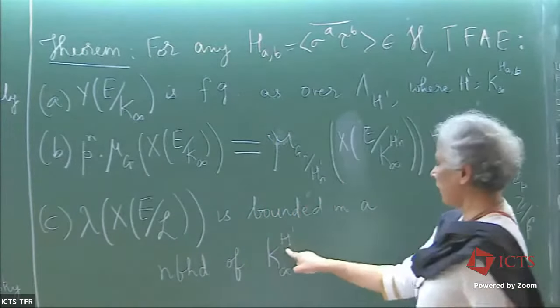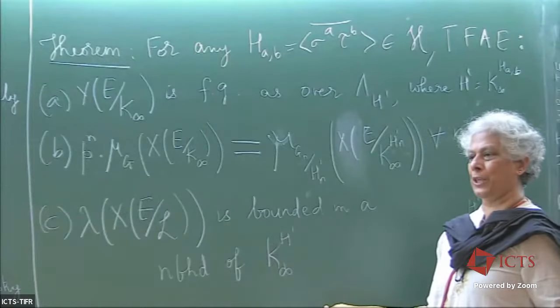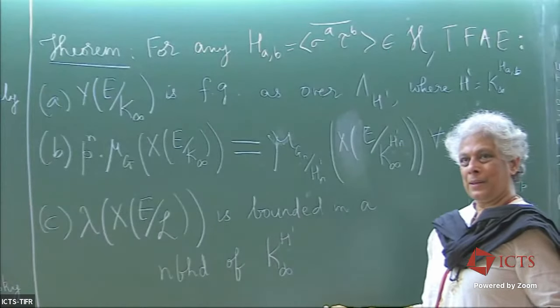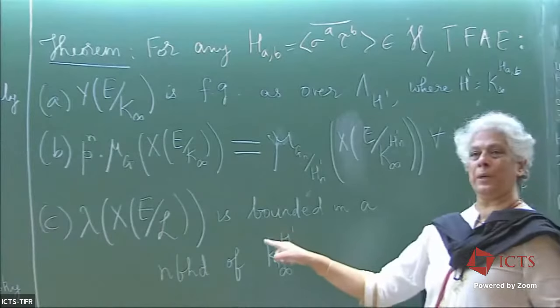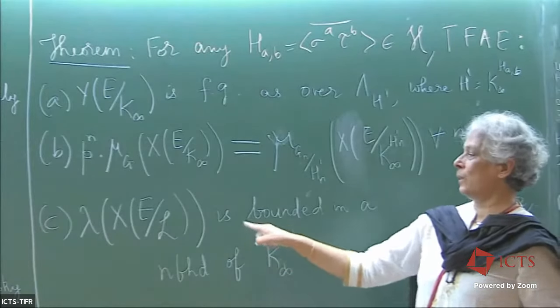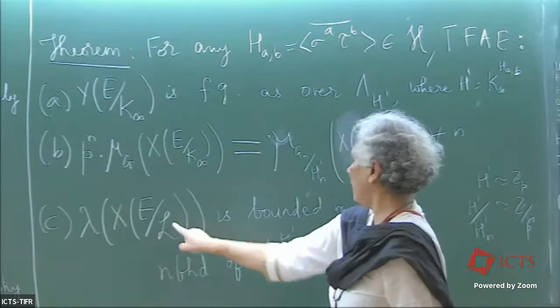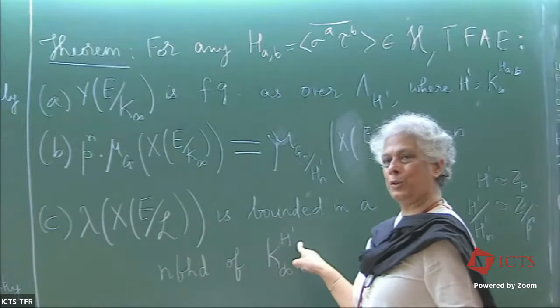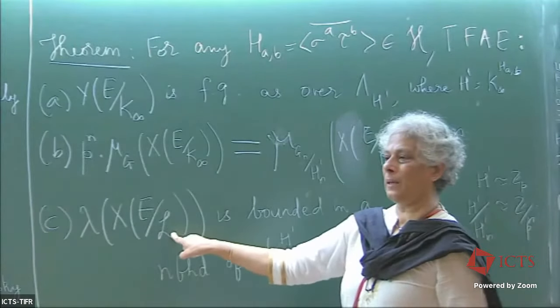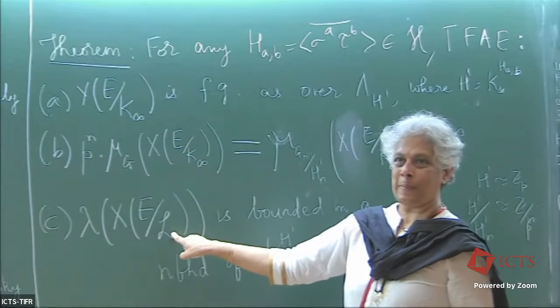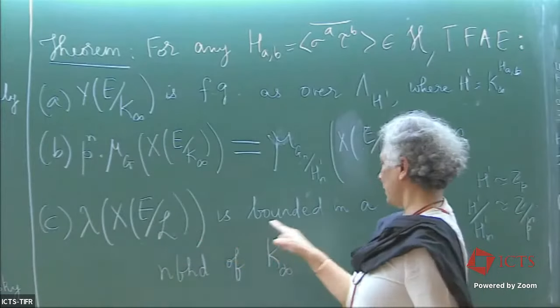Now this K infinity H prime over K is a Zp extension, so you can talk about a neighborhood of K infinity H prime. And these elements L are in a neighborhood of this K infinity H prime. So each of these script L is a Zp extension of K. And then the lambda invariant is bounded in that neighborhood.